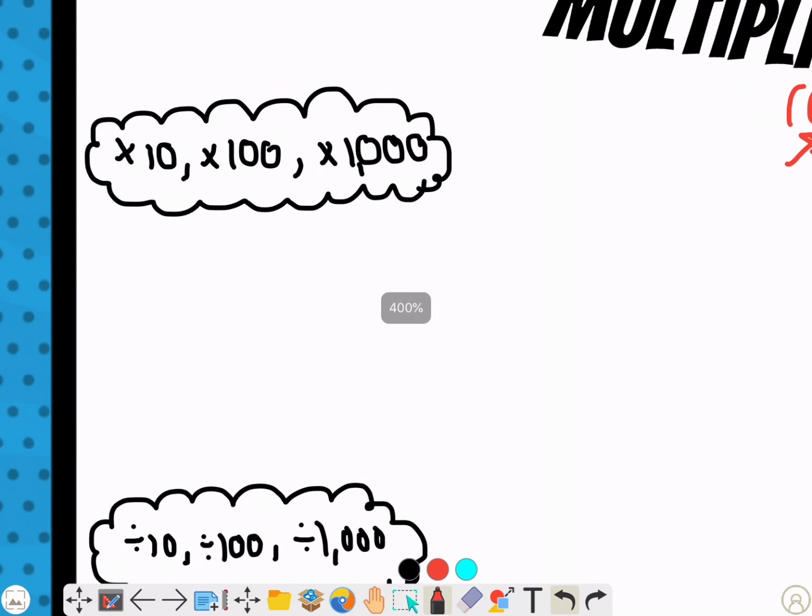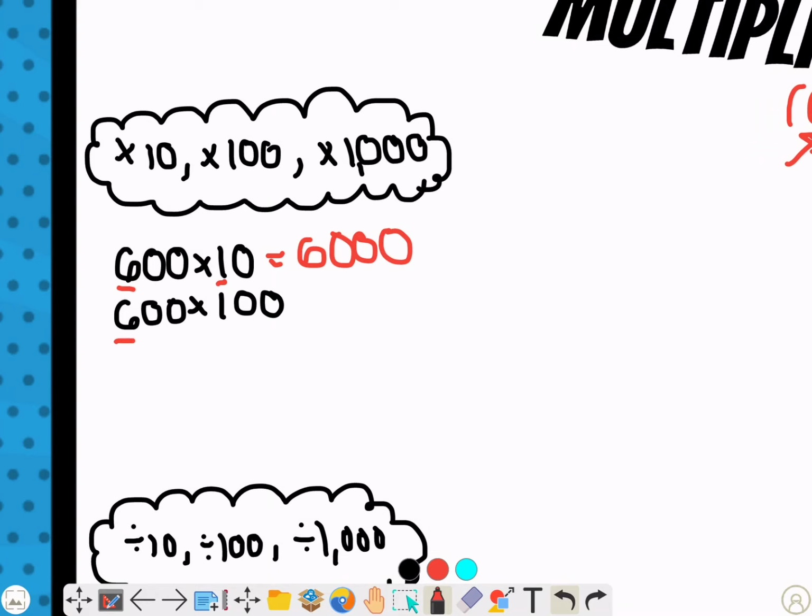So if we have 600 times 10, you multiply the 6 and the 1, you get a 6, and you count your zeros. You have 1, 2, 3 zeros. If you multiply 600 by 100, multiply your non-zero numbers. 6 times 1 is 6, and you have 4 zeros.